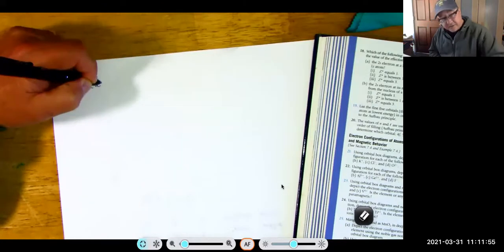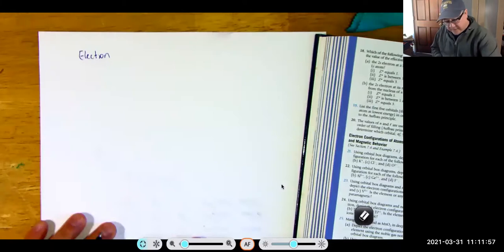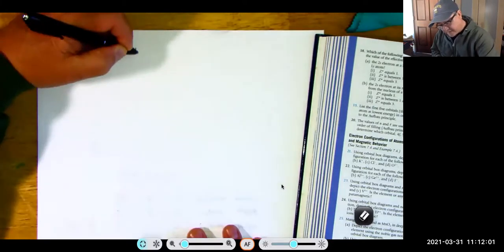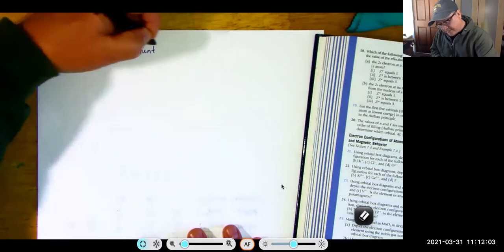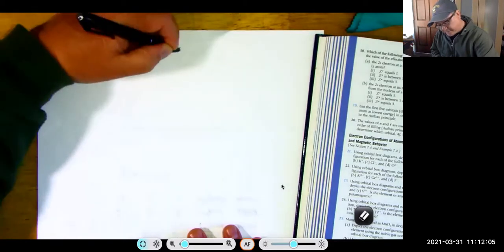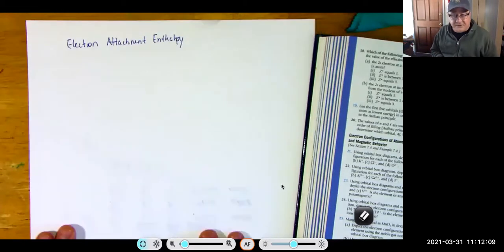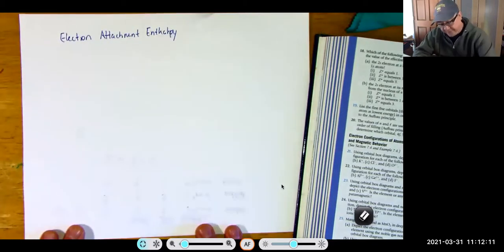Electron attachment enthalpy. So electron attachment enthalpy is the opposite of ionization energy.